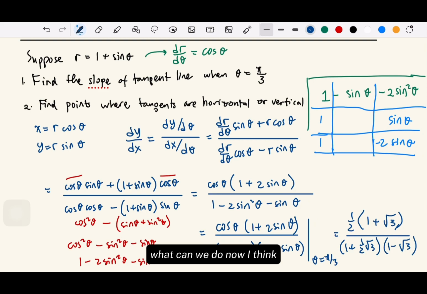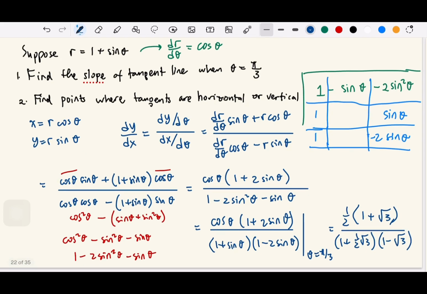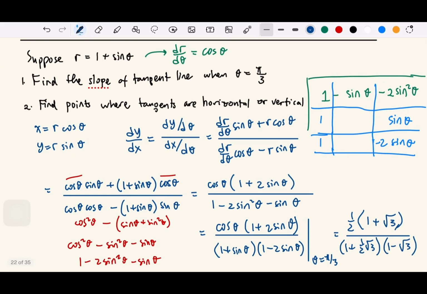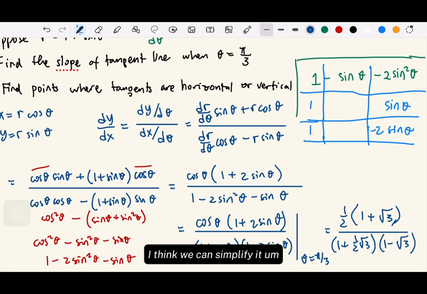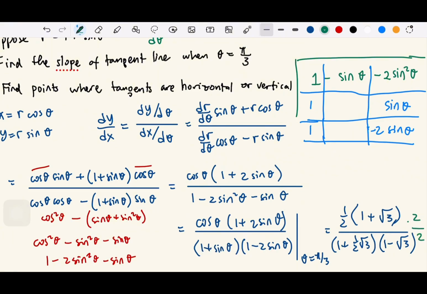What can we do now? I think we can simplify it. We can multiply 2 over 2.